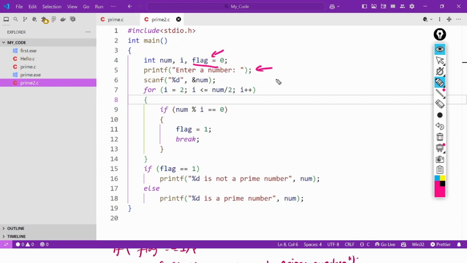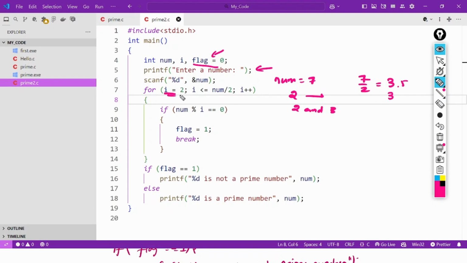Now if the user gives num equal to 7, then we are going to run a loop from 2 to 7 divided by 2, which is 3.5. But since it is an integer, we'll consider only till 3. So we are going to divide 7 by 2 and 3.